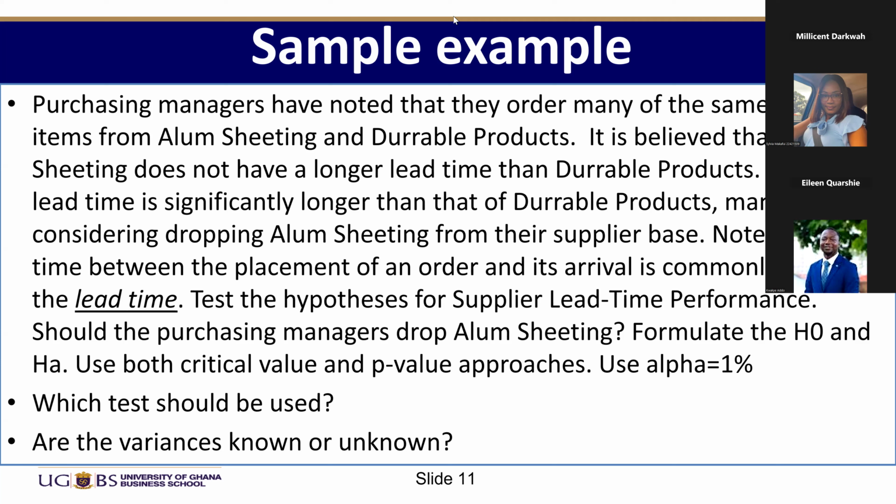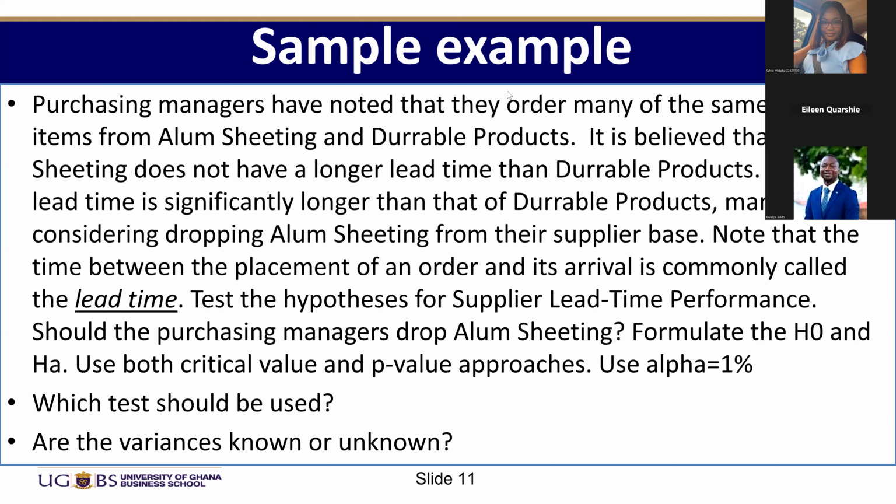Guys, your understanding of the hypothesis is more important to me than the hypothesis you write, because you need that understanding to do your conclusion, which is normally 10 marks. So it's important you understand the hypothesis. Okay, let's go to another person, Eileen. So I think it's trying to say that the alum sheeting does not take a longer period as compared to the durable product.